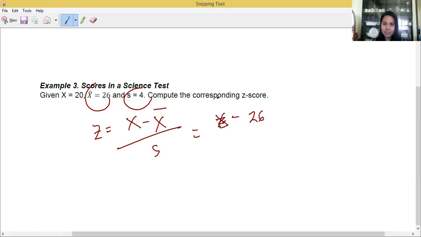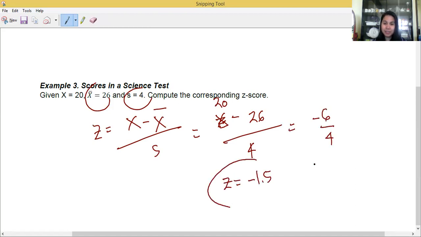Our X is 20 all over 4. That's negative 6 divided by 4. So our Z is negative 1.5. It's categorized as below average.